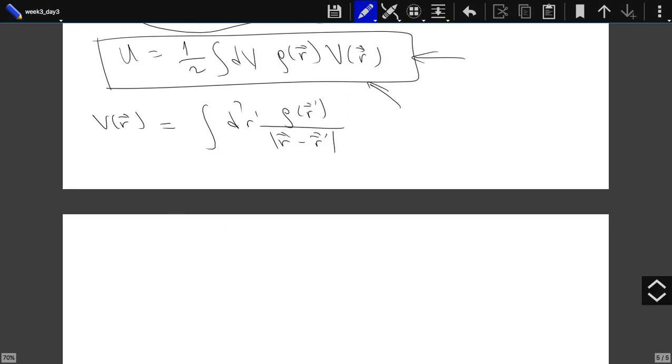Now, this is our U at the top. Well, we might prefer to express it in terms of electric field. We will see that it will be nicer. Now, how can we do that?